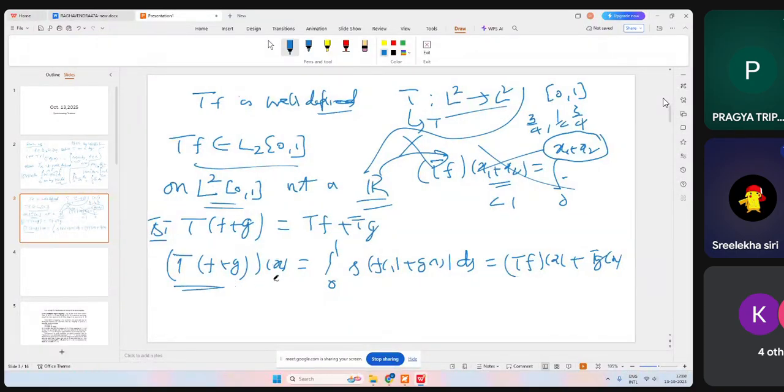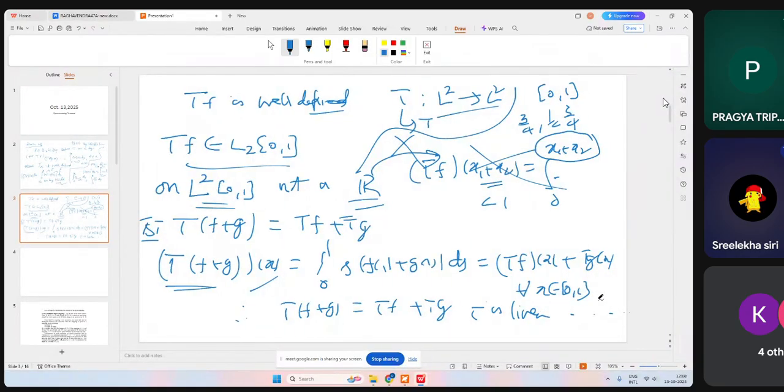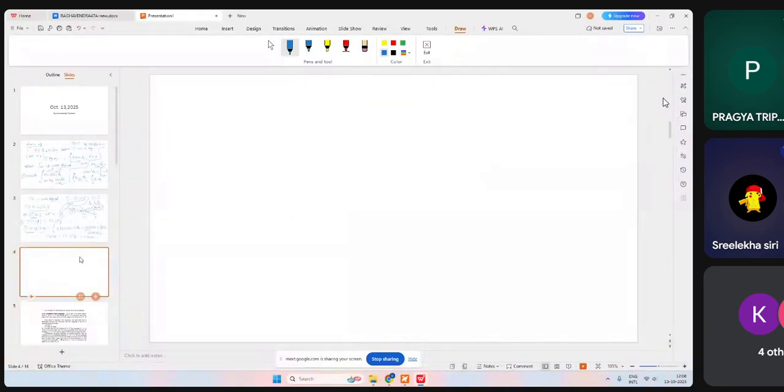So this holds for all x in [0,1]. Therefore, T of f plus g is Tf plus Tg. Clear? Similarly, the same thing for scalars. Therefore, it shows that this T is linear. Is it clear?